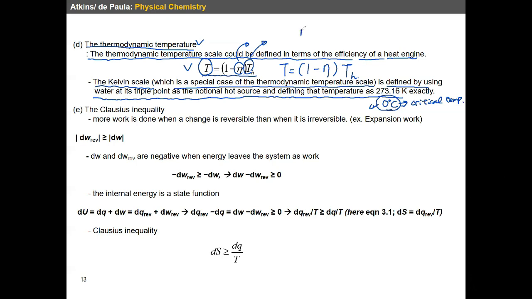As we know, the efficiency can be written as 1 minus Tc over Th, and therefore Tc over Th equals 1 minus efficiency. So therefore Tc equals (1 minus efficiency) times Th.